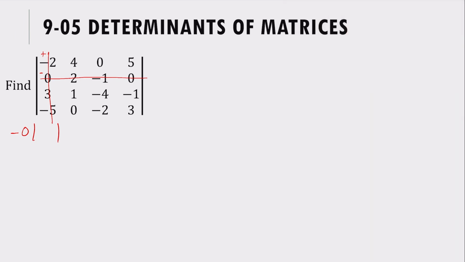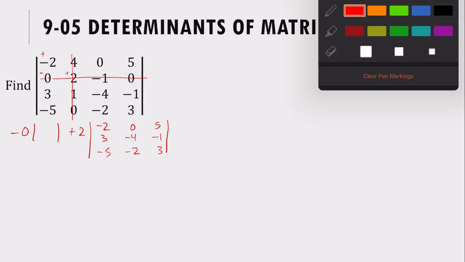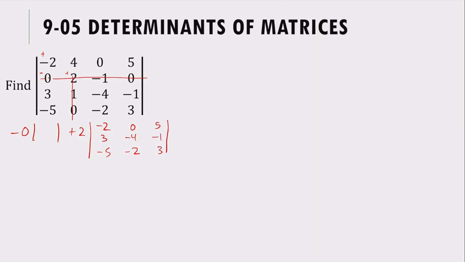And then we're going to move along to the next one. Okay, so this would be a plus 2. Cross that one out. And we have the determinant of everything that's left. And then we go to the next spot on the row.